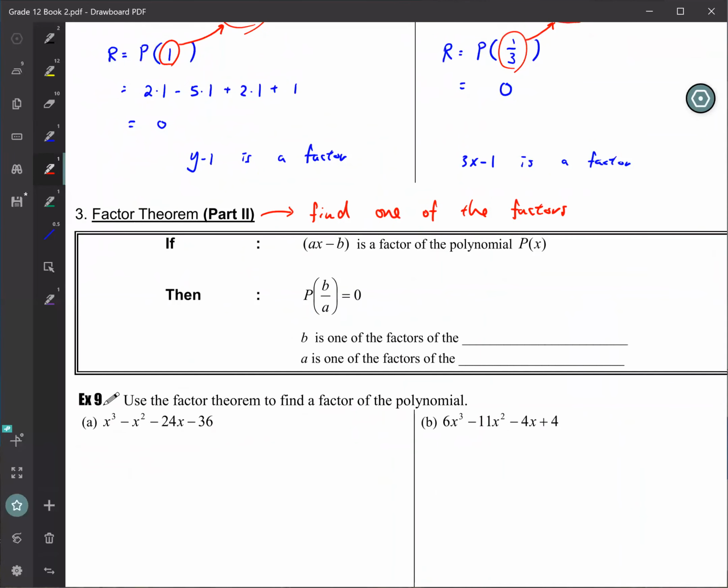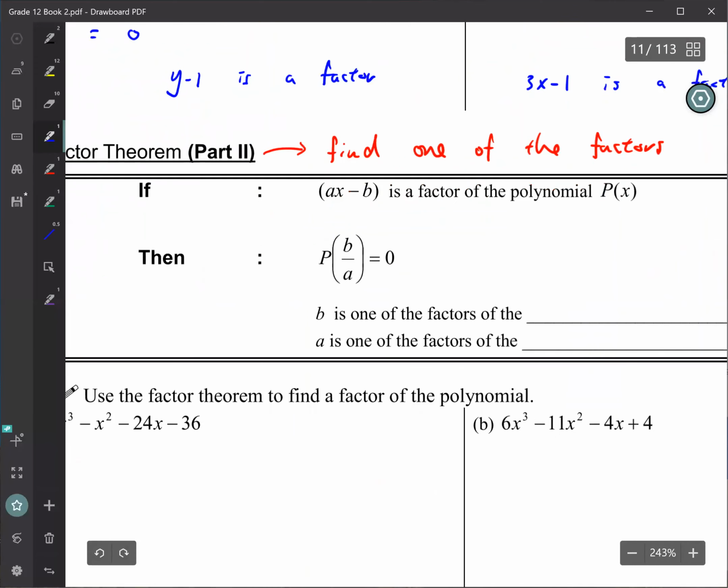So the number to check is b over a. For example, like the one we just did, if you did 1 over 3 and you sub it in, you get 0. That means your b is 1, and 3 is the a. b over a, so your factor will be 3x minus 1.